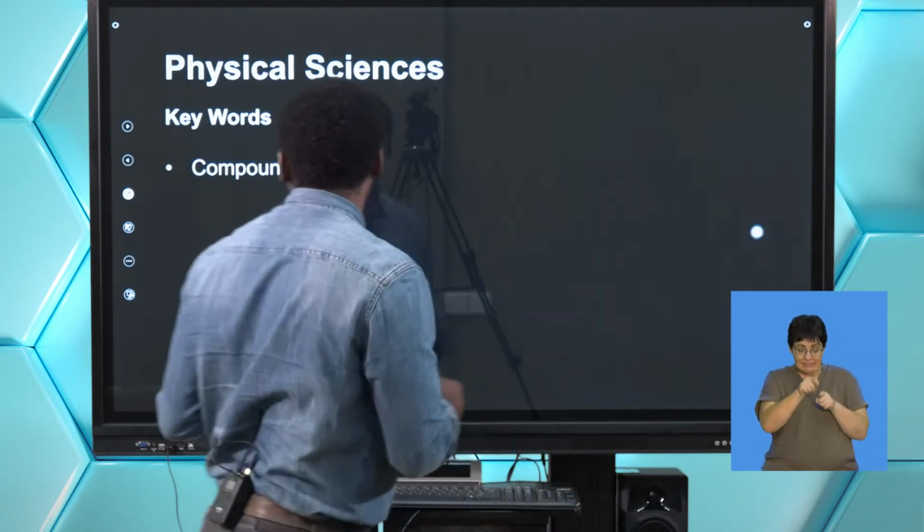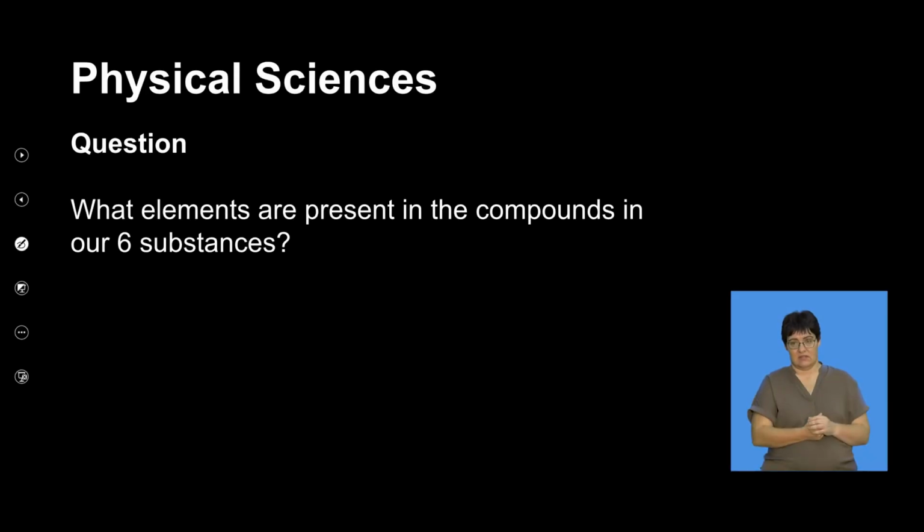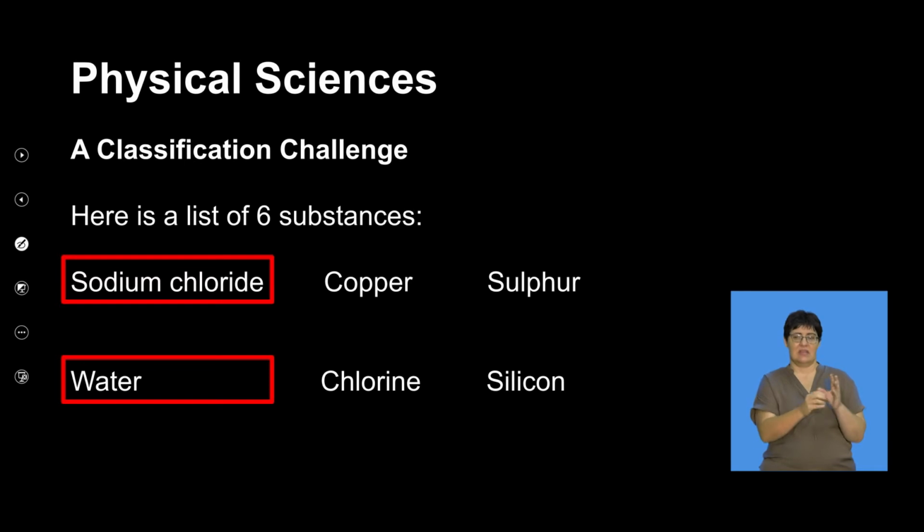Let's identify the substances in our list that are actually compounds. We've got sodium chloride. Sodium chloride consists of sodium and chlorine, so this is a compound in the sense that it's more than one element chemically joined together. The other one is obviously water, which is another compound, right?